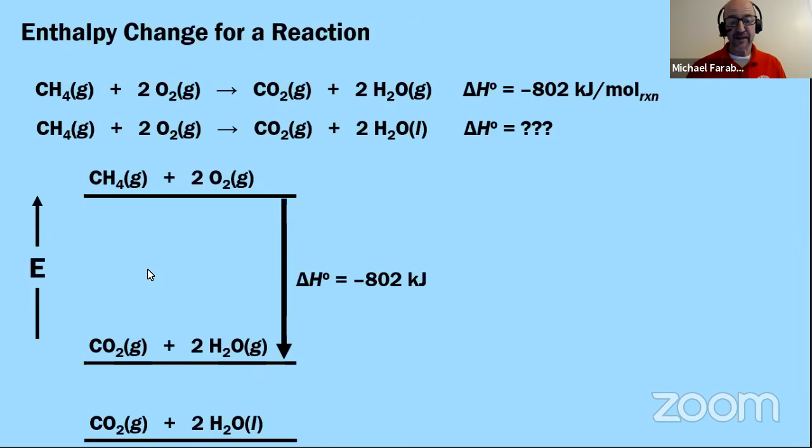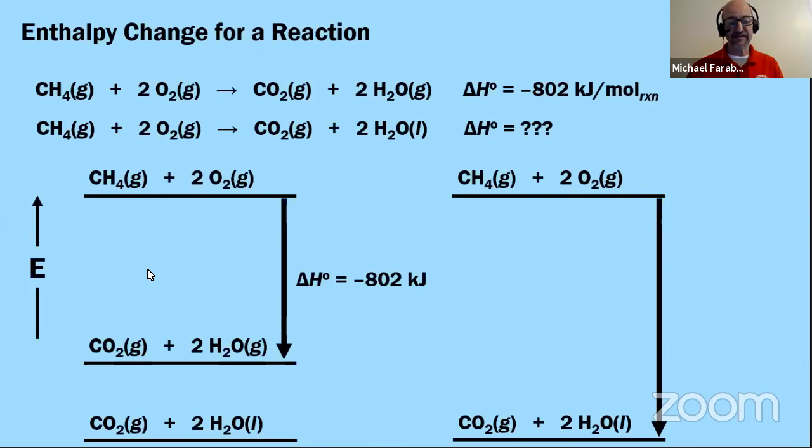So the answer is that the delta H would have a greater magnitude than 802. Now I can tell you that the difference between 2 moles of water vapor and 2 moles of liquid water is approximately 88 kilojoules.